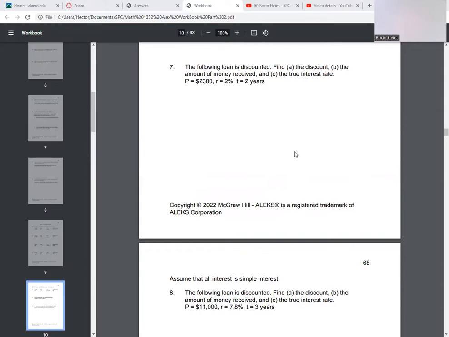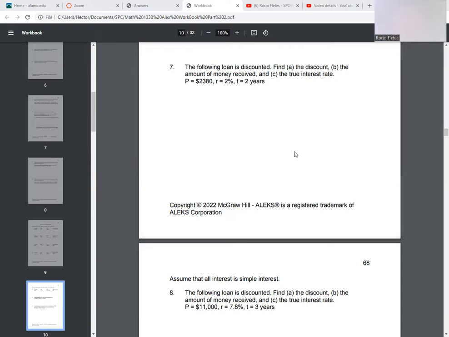The discount is basically the interest. So if the loan is discounted, it means they're not going to receive the entire principal, right? They're going to receive the principal minus the interest.